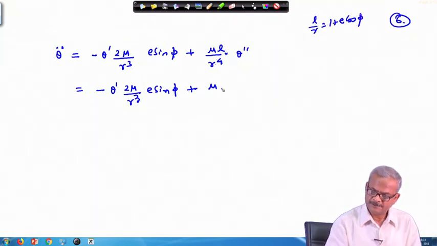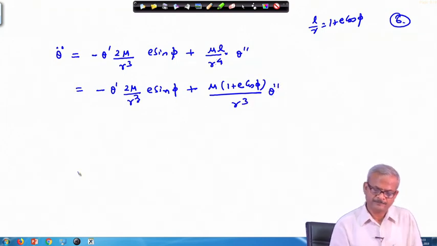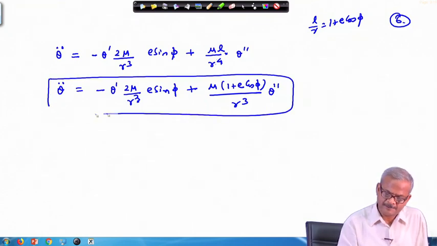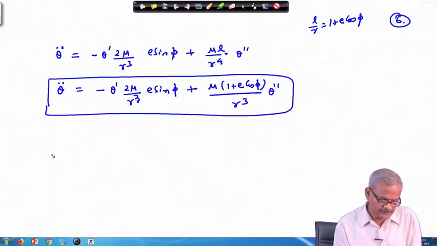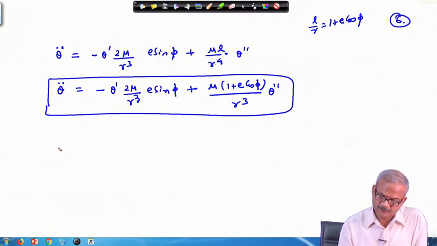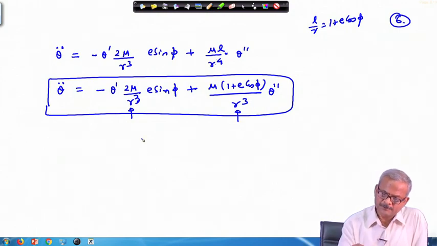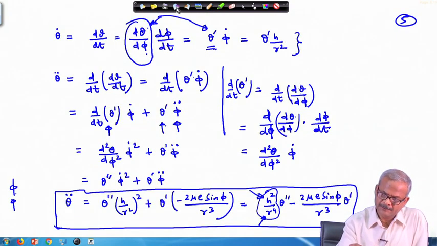So, use this relation. So, this becomes 1 plus e cos phi, and r cube term is present here. So, theta double dot is expressed like this, and then you can complete the whole equation, and it will so happen that because the r cube is present here, and other terms also contain r cube, this can be eliminated.